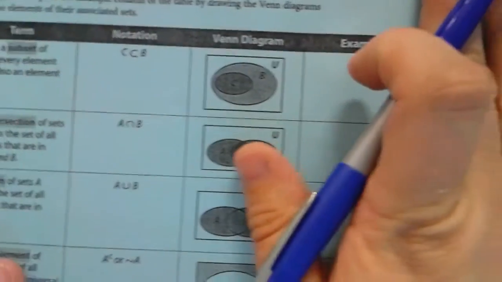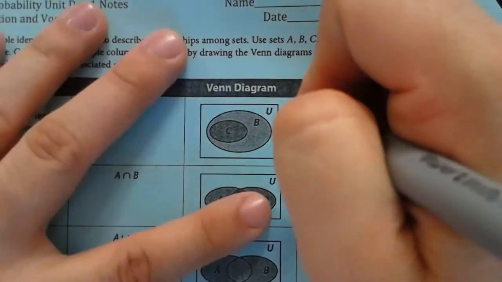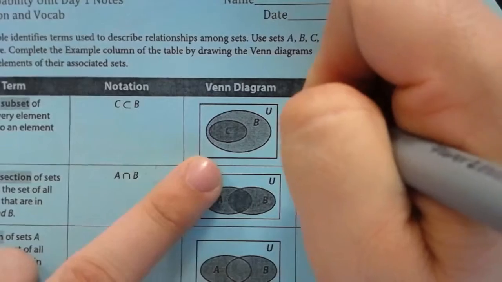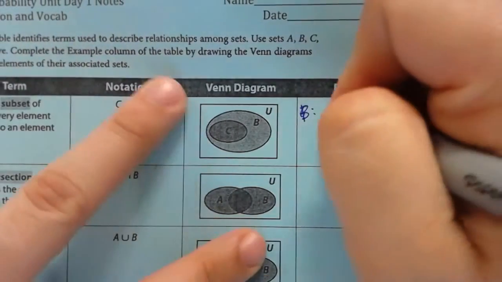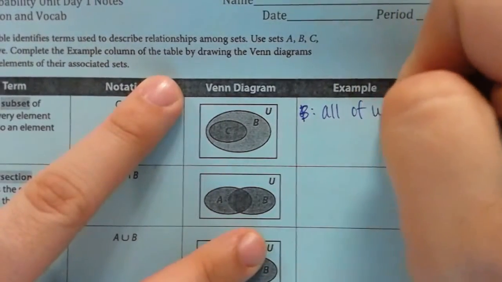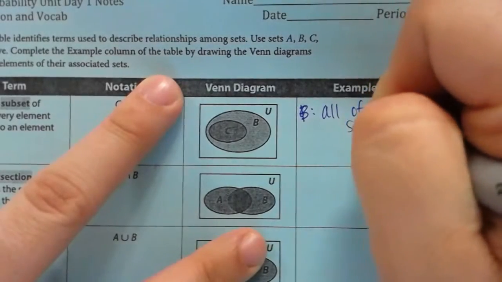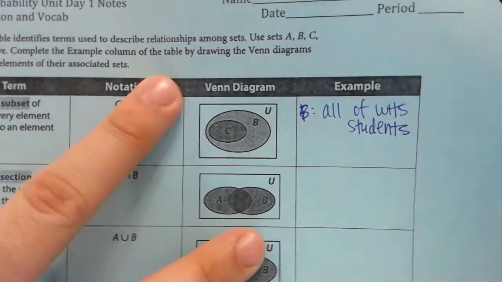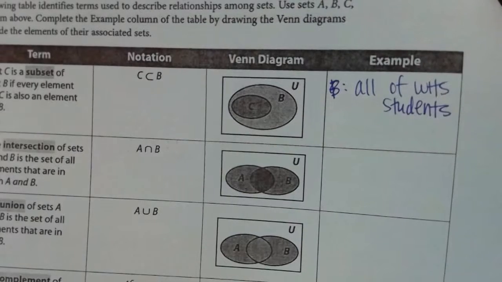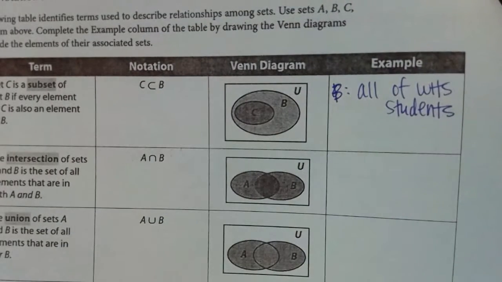An example of that would be, let's let set B be all of the students here at Westlake. What would a subset of that be?